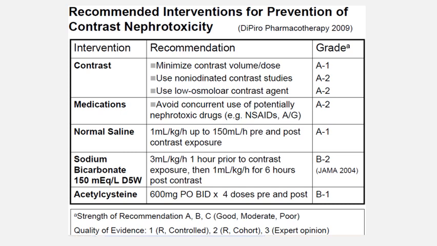The radiographic contrast media that are given for imaging for different investigative purposes are also one of the major factors that cause kidney injury or acute kidney injury. So there are certain interventions that can be made to decrease the chances of acute kidney injury induced by the contrast media.